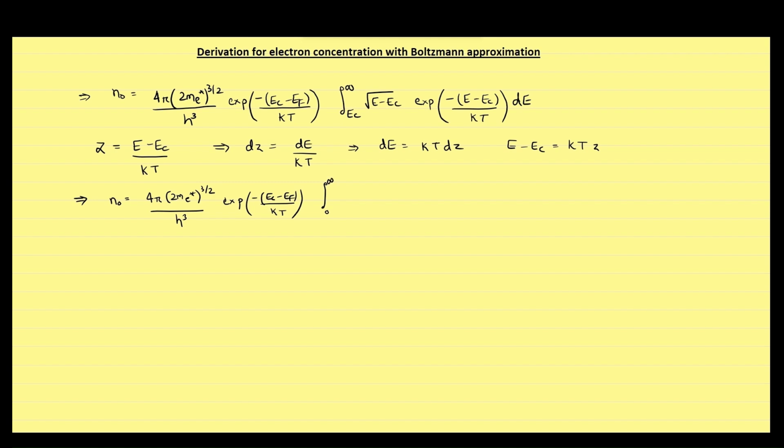You have to simply put the upper and lower limits of the integration into this equation and find the corresponding z values. We will bring the kT term out of the integral expression.